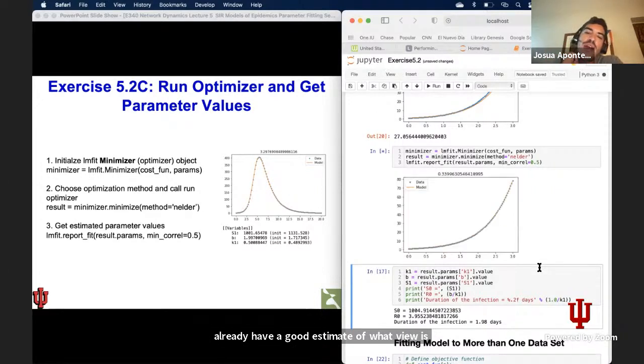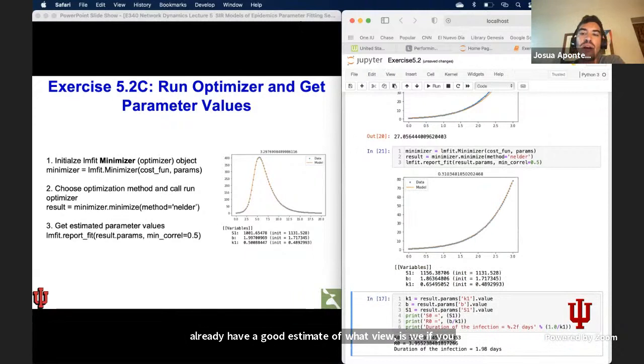If you use a local optimizer, we will still see the quality of the guesses decreasing as I have less and less data. And that is because, of course, the more information you have, the better your guess of the parameters will be.